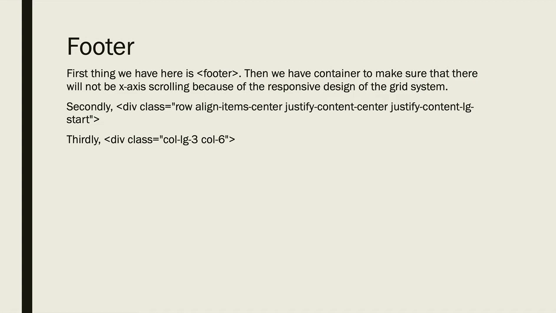And I want from the large screen, which is 992 pixels, until infinity to be having justify content start. But less than the 992 pixels, I wanted to have justify content center, which is horizontal according to the x-axis. And thirdly, we have column large of 3 and column of 6.